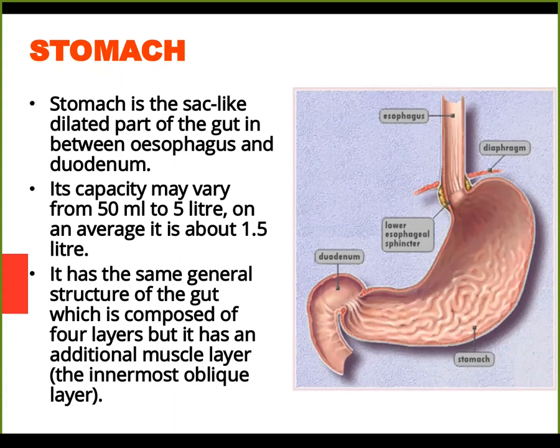It looks like a sac and has elastic walls. The stomach may stretch very well, and in adults, capacity may increase up to several liters, but usually in normal healthy adults, the volume of the stomach does not exceed 1.5 liters.